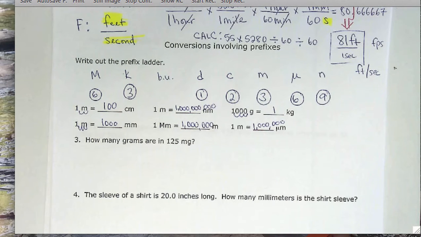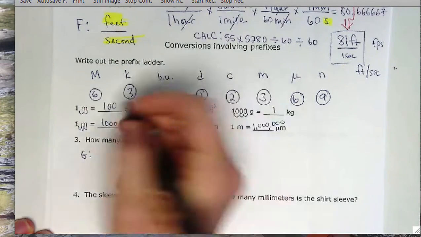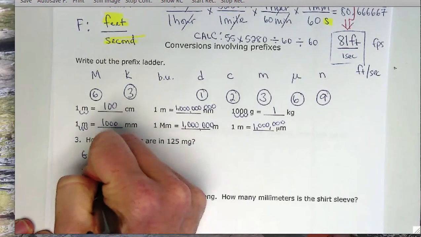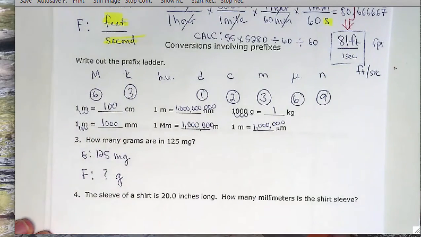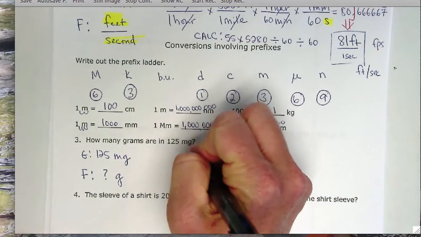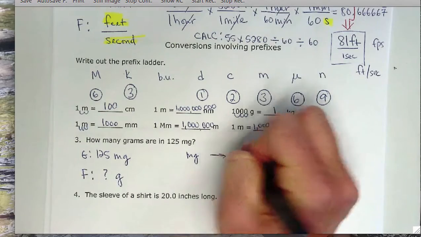So if you're asked a question, how many grams are in 125 milligrams, you can do it 2 ways. You can move the decimal, or you can make it into a conversion factor method. So you're given 125 milligrams. You're trying to find how many grams. If we do this with a solution map like we've been working on, we'll start out in milligrams and go to grams.